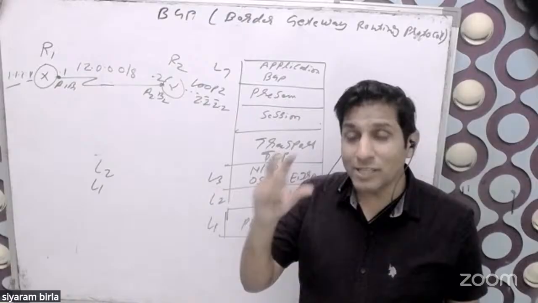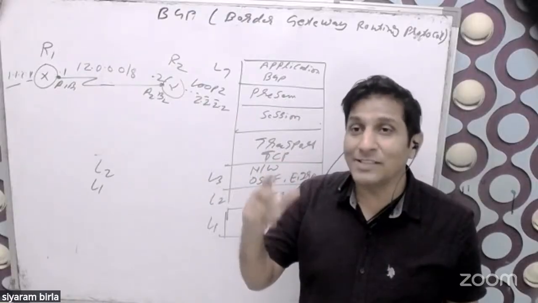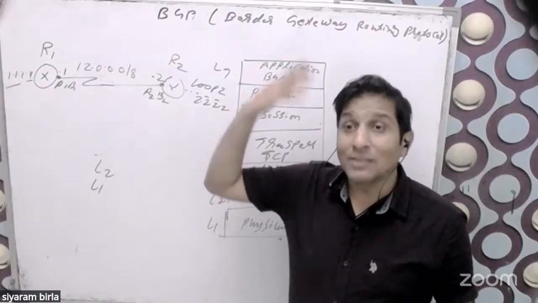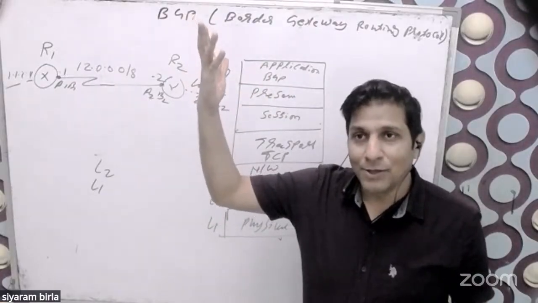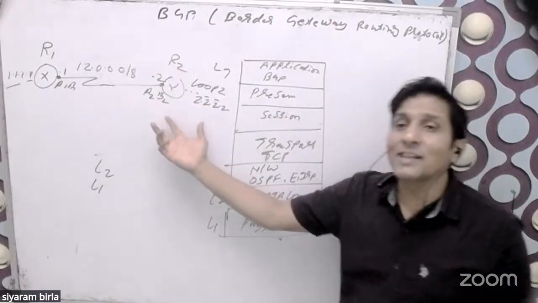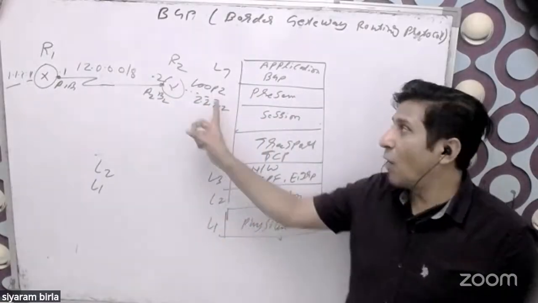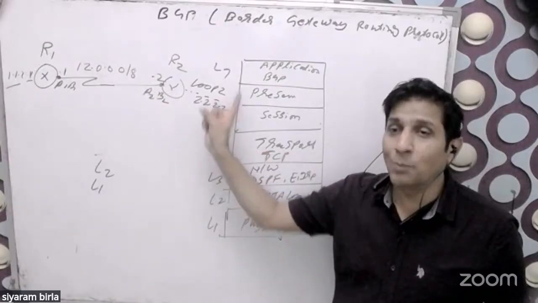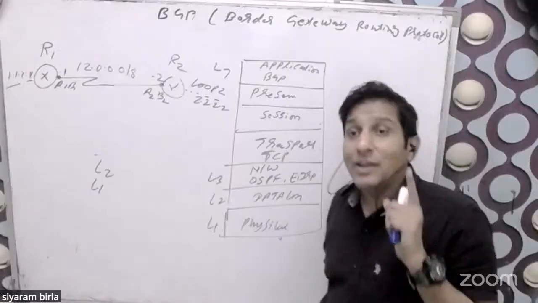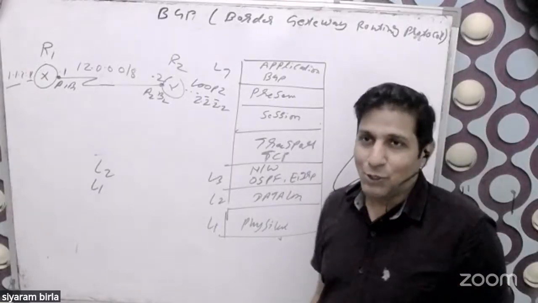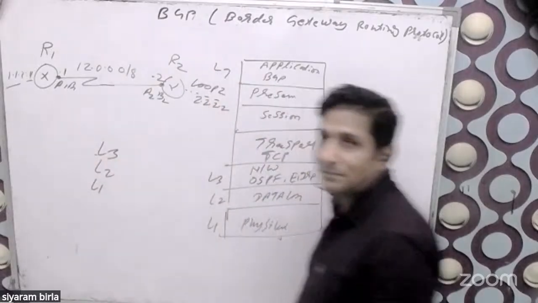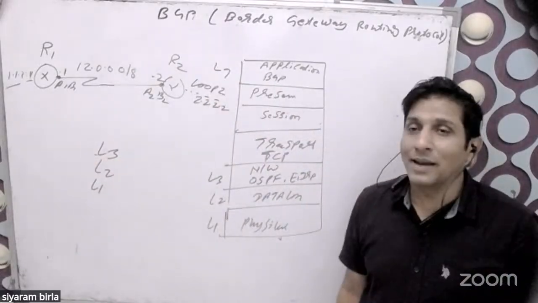Then OSPF, EIGRP, or a static route you run here, and over it you can run BGP, because BGP comes up once layer 3 is up. If the loopback IP address is not able to ping, your BGP will never come up. So the next requirement is that layer 3 should be up, meaning routing should be ready.